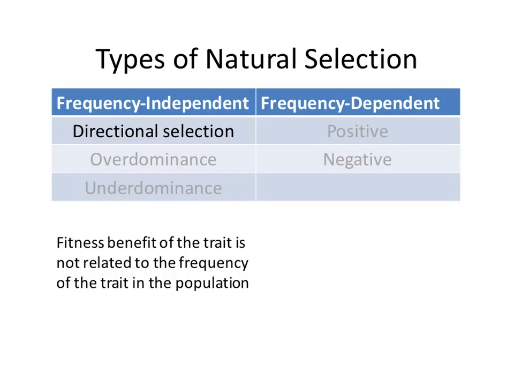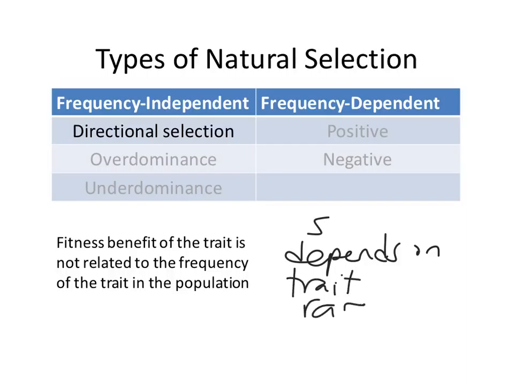And in contrast, by the end of the day, we'll talk about the two forms of natural selection on the right, frequency dependent, where it actually matters. The value of S for the trait depends on whether or not it's a common trait or a rare trait. And so you can think of that in two ways.